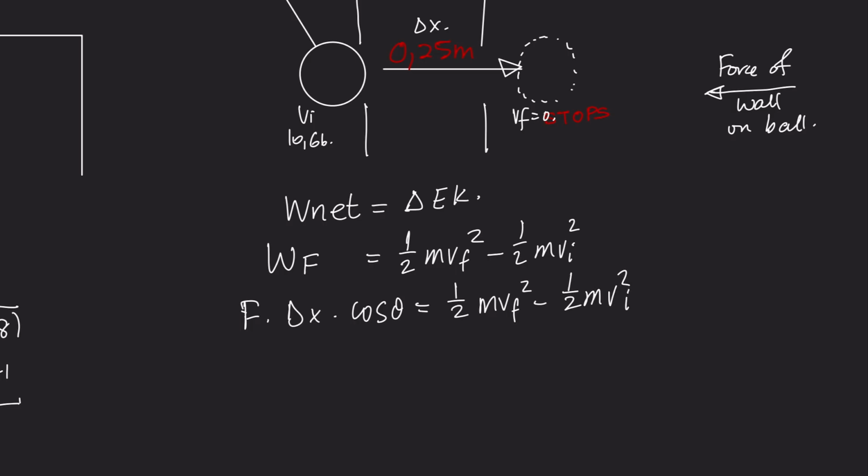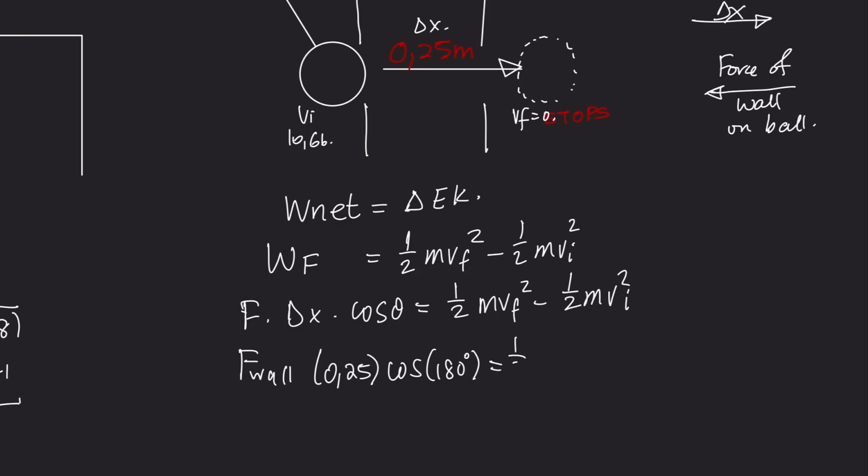Now we can substitute. We don't know the force, but we want the force, right? This is the force of the wall. Delta x is 0,25. The ball is traveling to the right, but the force is to the left. So it's cos 180.